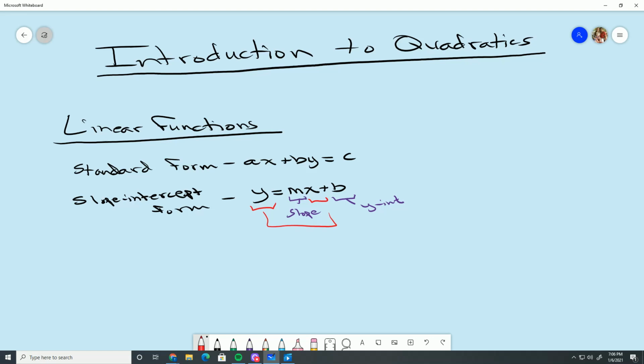So in other words, y equals mx plus b, whatever these numbers are, they're going to define all of the possible points that can be on that line.